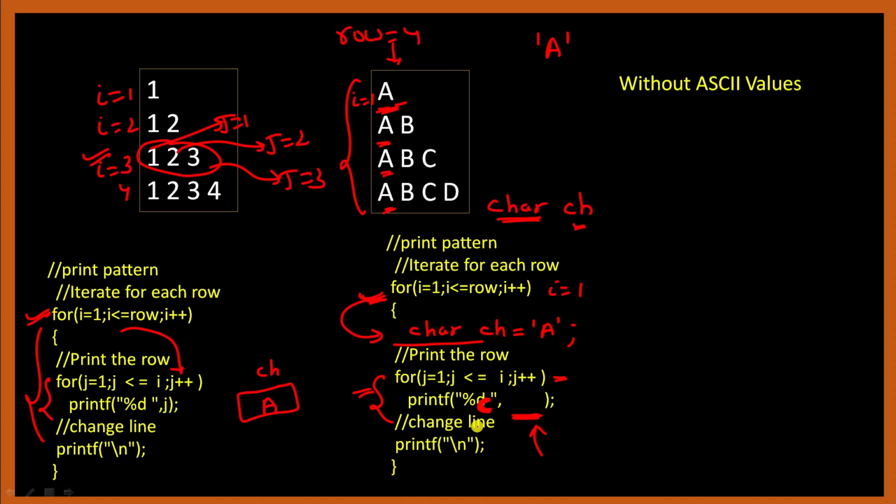If you have some idea about the ASCII value, you will know that if 1 is there and we use %c, some character corresponding to this decimal value 1 will be printed. We do not want that. We want basically a here.